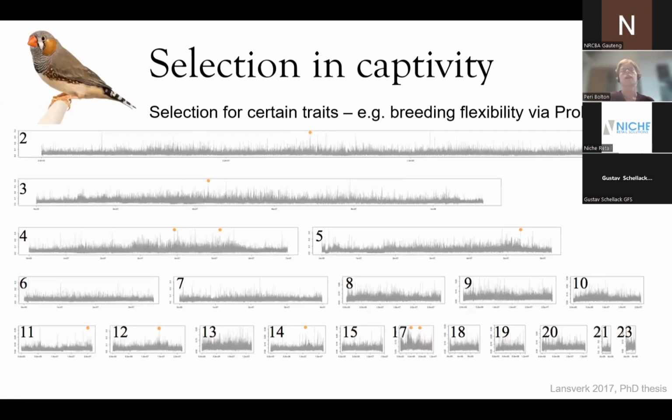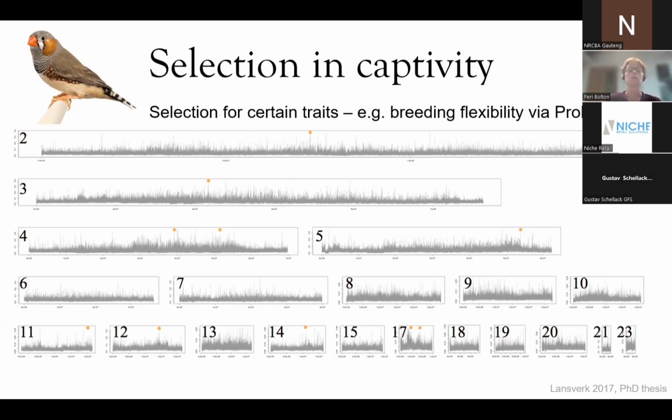And indeed, if you look at the entire genome, this is just a representation of the zebra finch genome. Some of these little points are potentially genes under selection that we found there's evidence have changed in the domesticated bird.